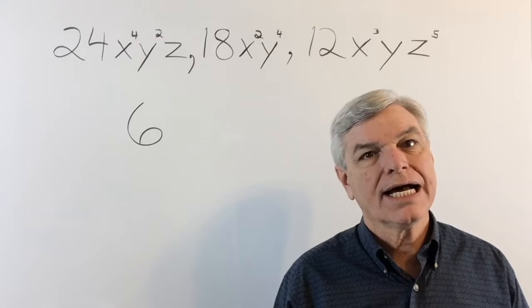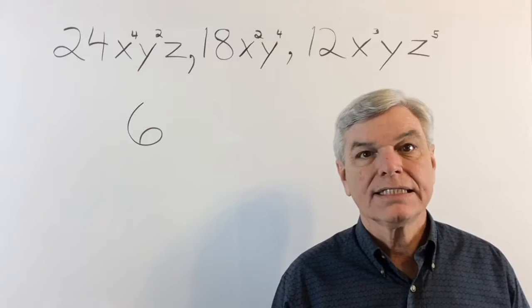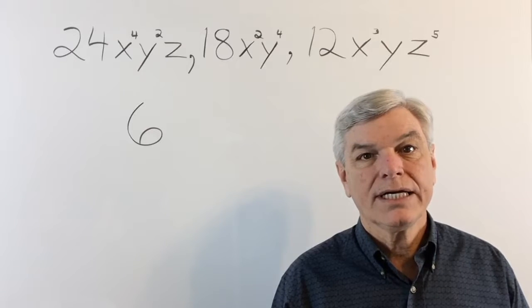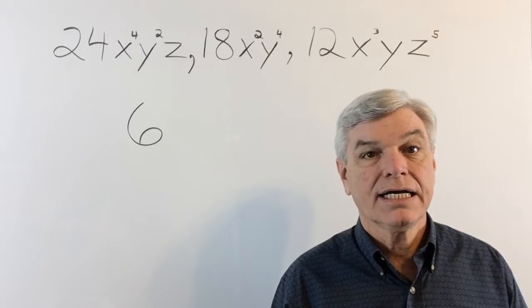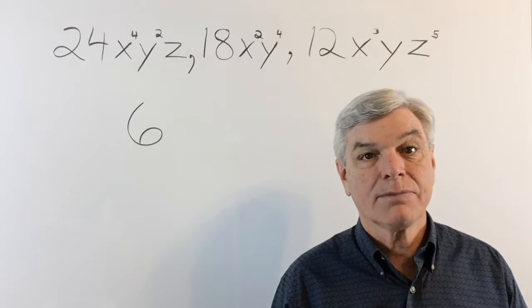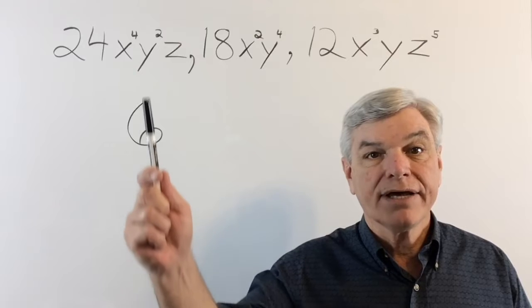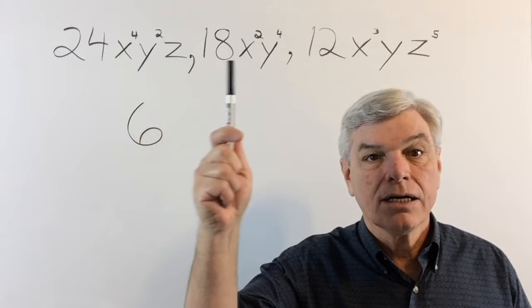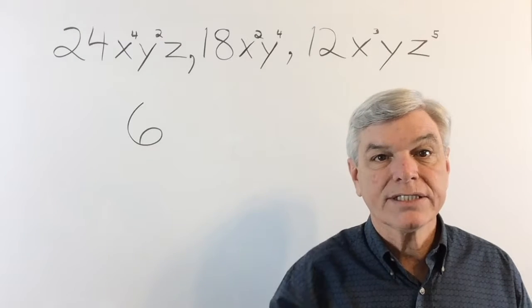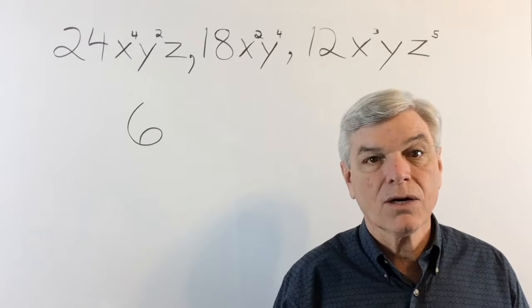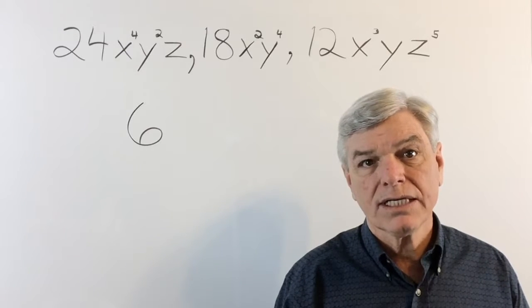And the variables are a lot easier because all we need to do is, well, let's start with x. And let's find the x with the lowest exponent. See, we have a 4 here, we have a 2 here, and we have a 3, so 2 would be the lowest. Now, why did we pick the lowest?